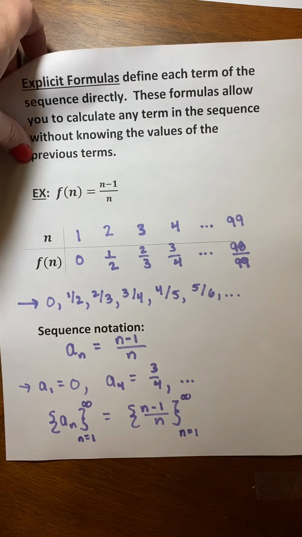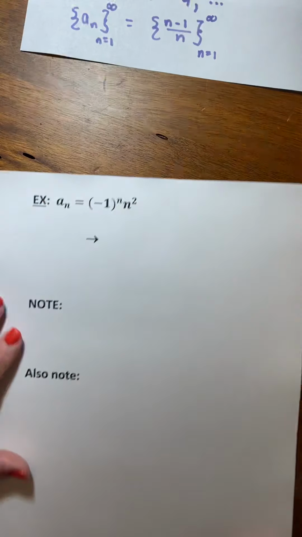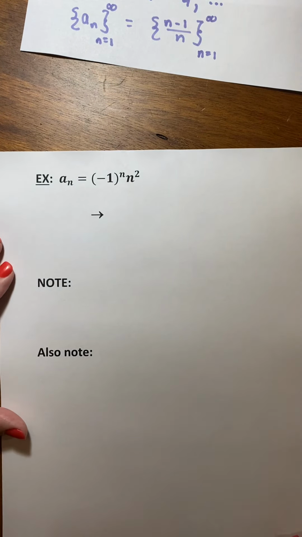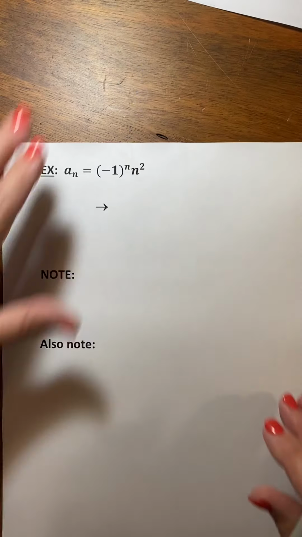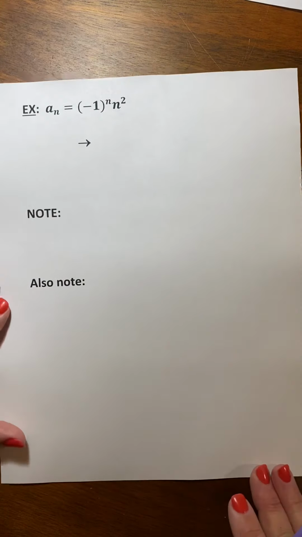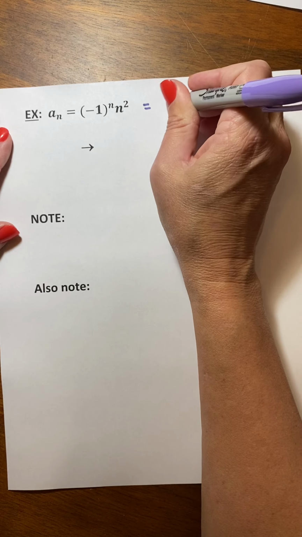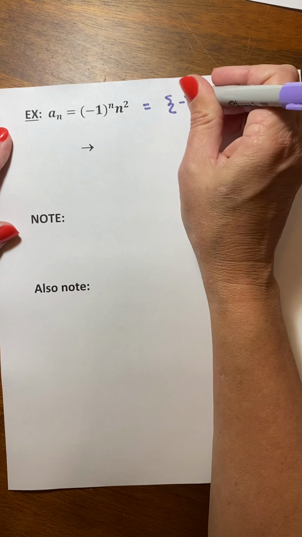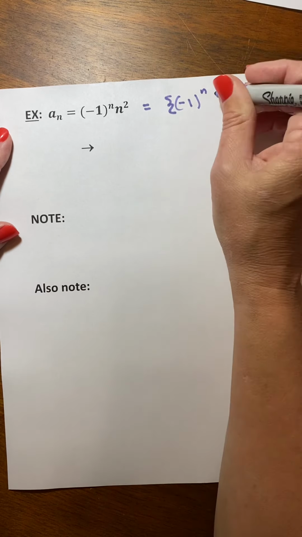So let's look at another example. Let's suppose I gave you the template for the sequence. I said a sub n is equal to (-1)^n times n squared. So I could also write this like this: (-1)^n, then n squared.